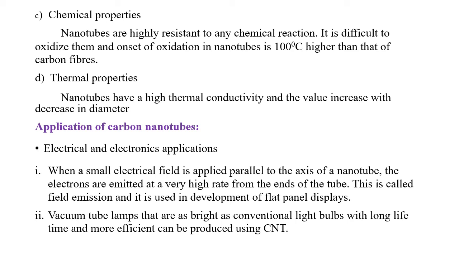When a small electrical field is applied parallel to the axis of the nanotube, the electrons are emitted at a very high rate from the ends of the tube. This is called field emission and it is used in the development of flat panel displays. Next, vacuum tube lamps that are as bright as conventional light bulbs, with long lifetime and more efficient, can be produced using carbon nanotubes.